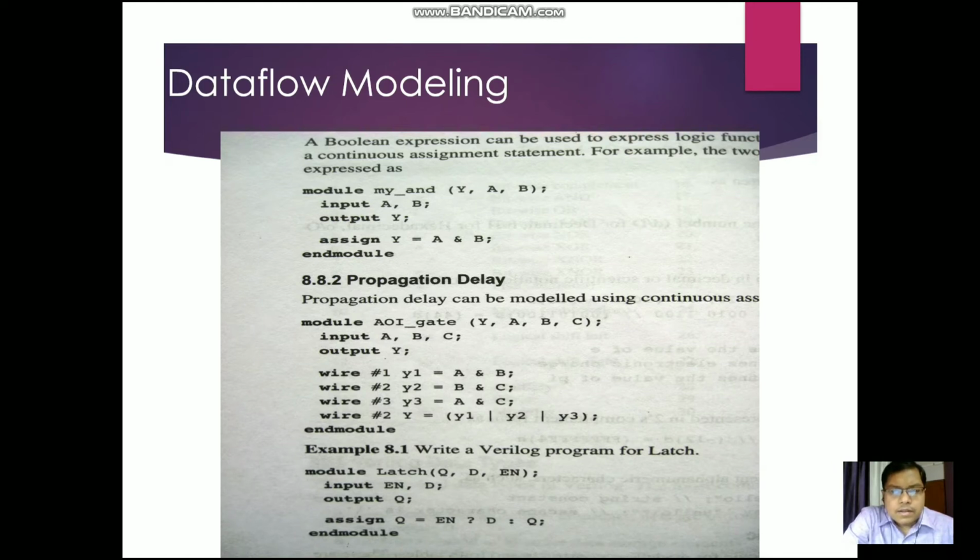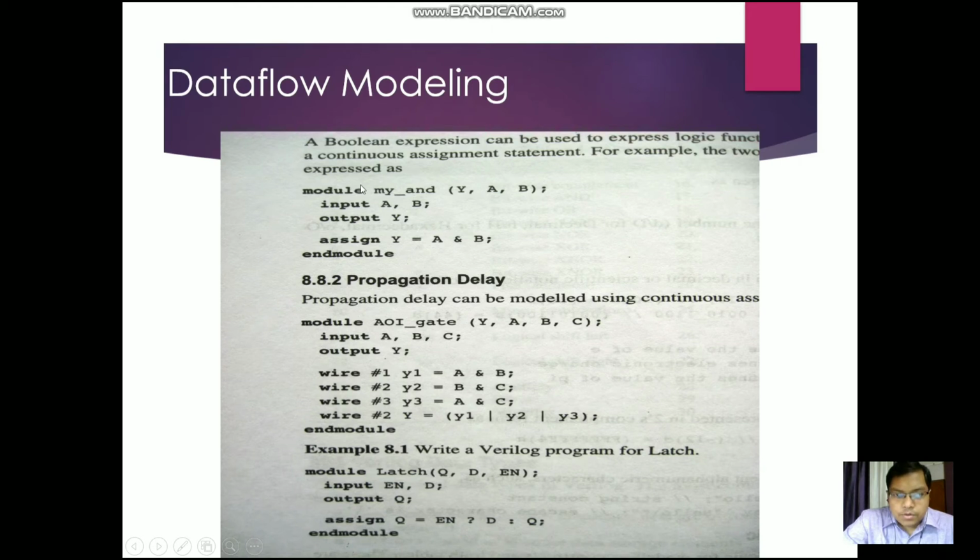We need to identify the inputs and output. Here we can see the module, as we mention over here, module, then myand in bracket y, a, b. What does it mean? I want to design an AND gate. A basic AND gate has two inputs and one output. So we have to write down the module.